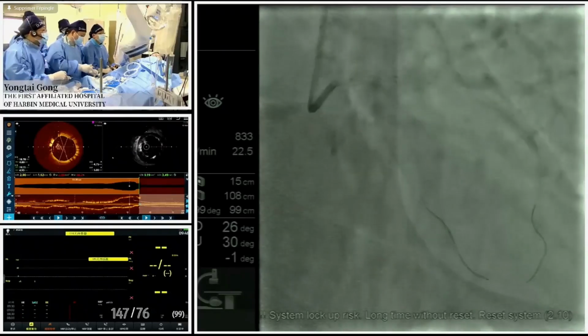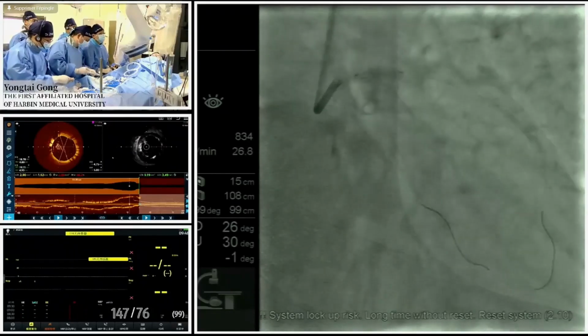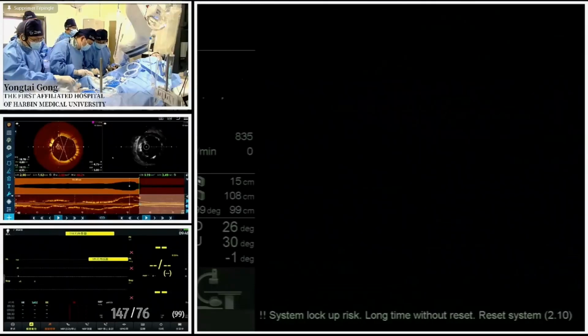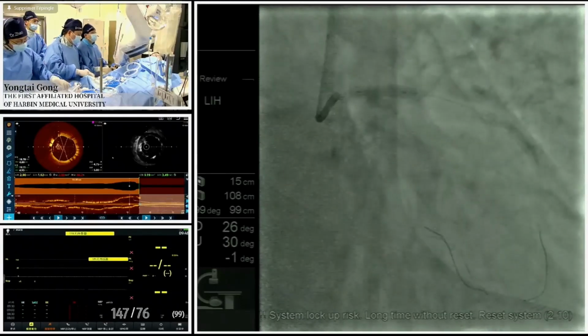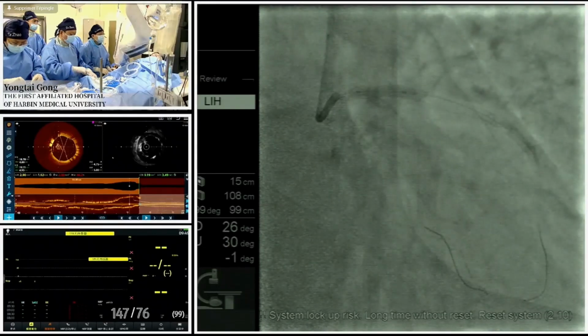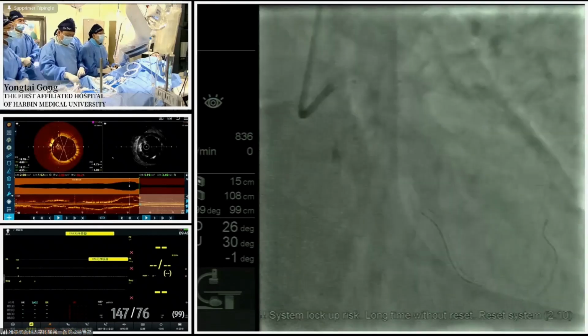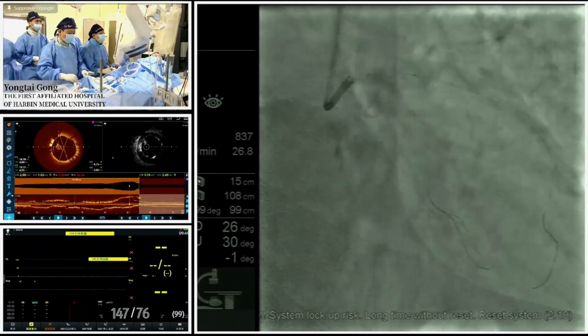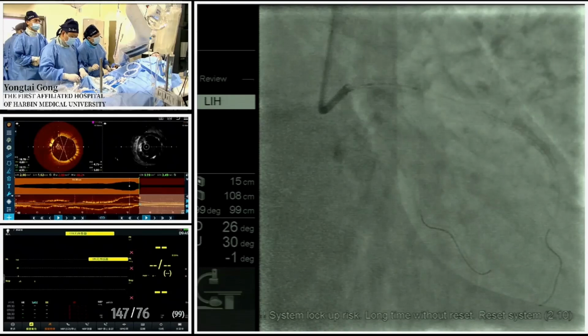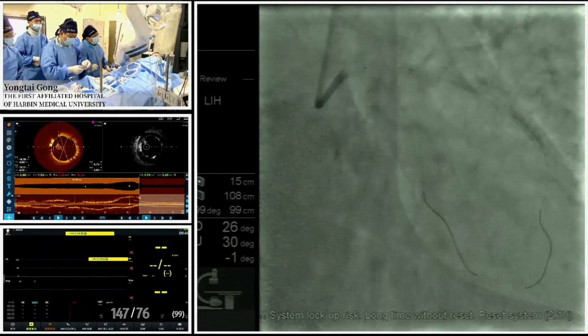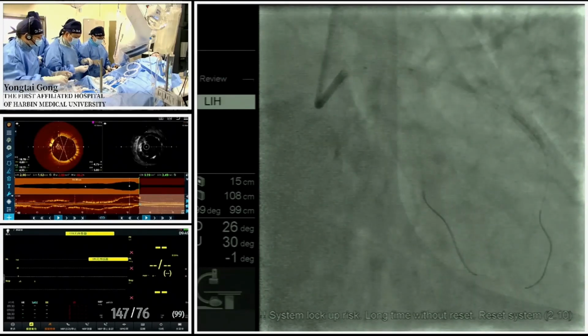The balloons are engaged already. Yeah, 14. Go, the imaging. Okay. 2.5 in the circumflex.